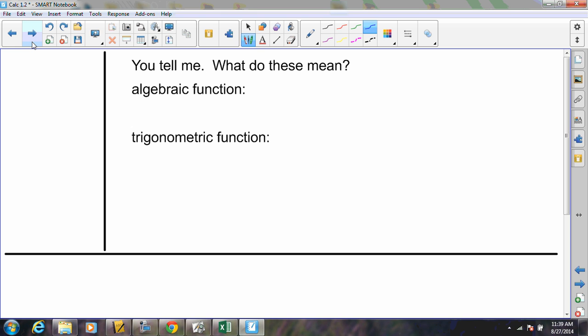Do you remember what an algebraic function is? Basically, I'm seeing a little bit more trepidation in the answers on this one. If you can use addition, subtraction, multiplication, division, or roots, you will create an algebraic function. So something like x, we have a power.